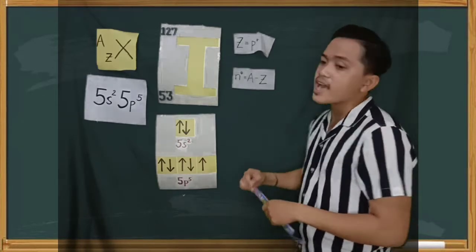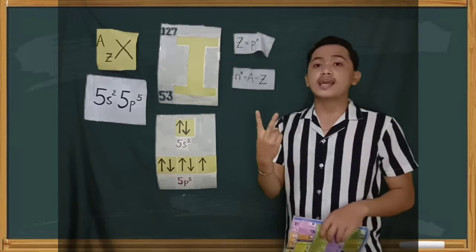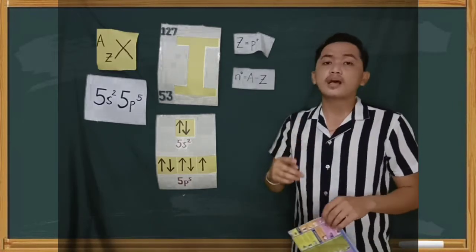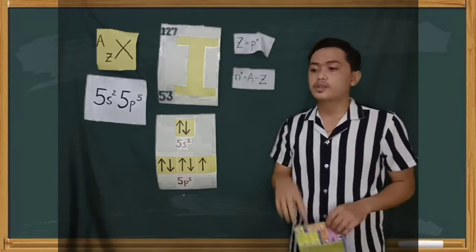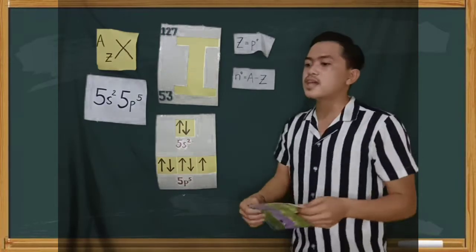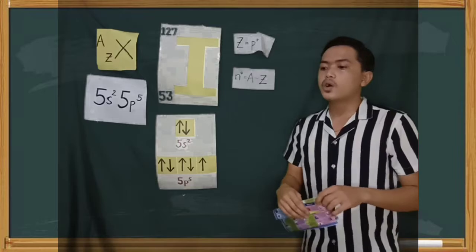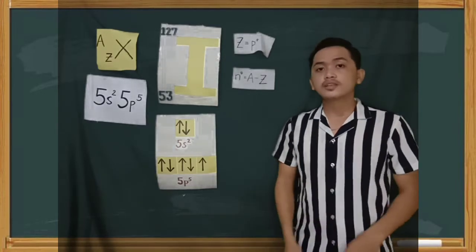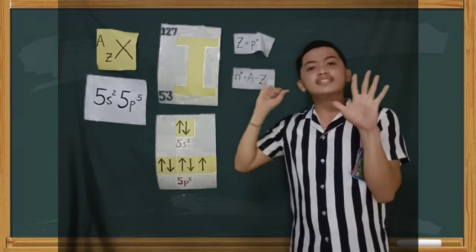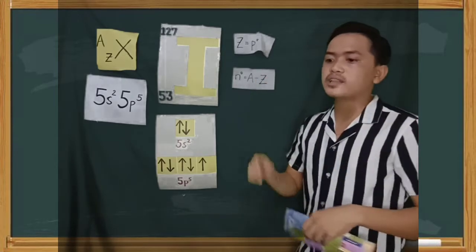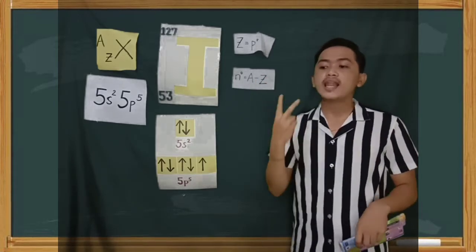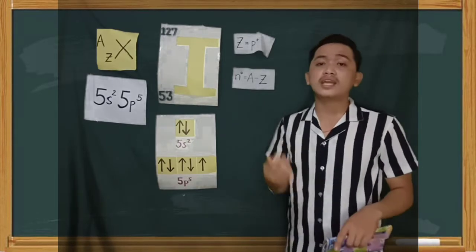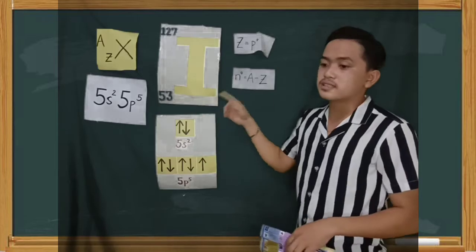Because the S can consist of 2 electrons, that's why the valence number in the first subshell is also 2. Then the second subshell is P, which can consist of 6 electrons. But the first subshell has 2 electrons, so we just need 5 electrons to complete the 7 valence number.